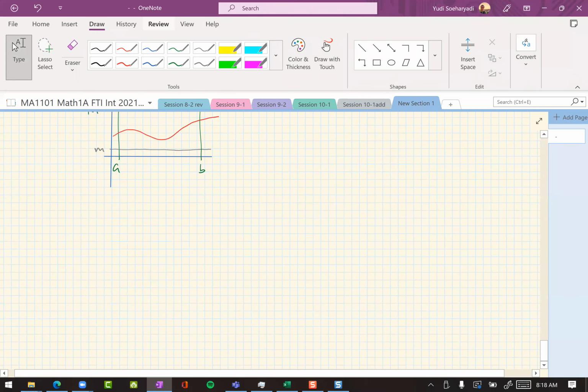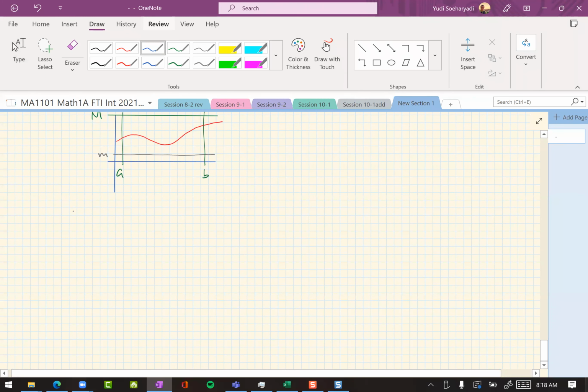All right, so let's do the proof of this one. Okay, so let F of x equal the integral of f(t) dt from a to x.